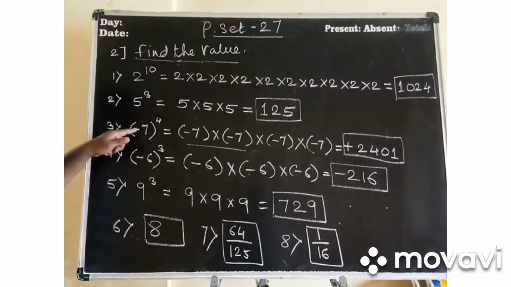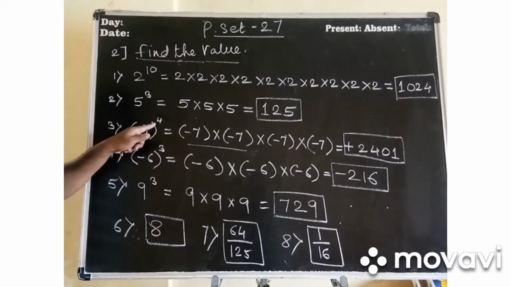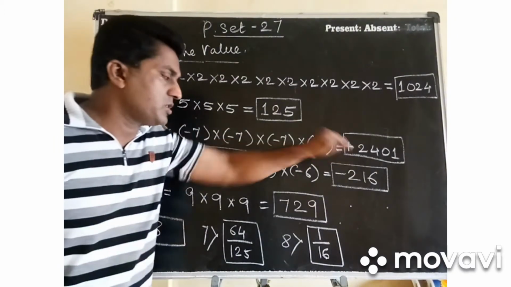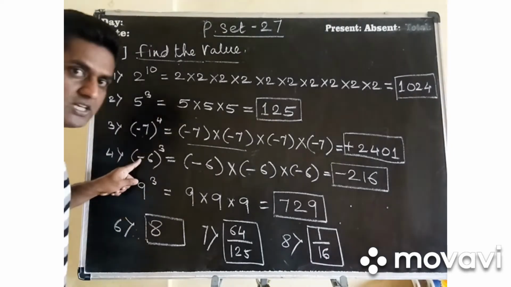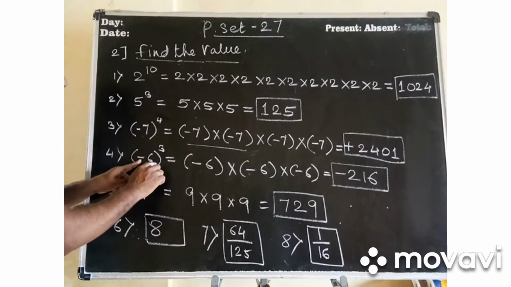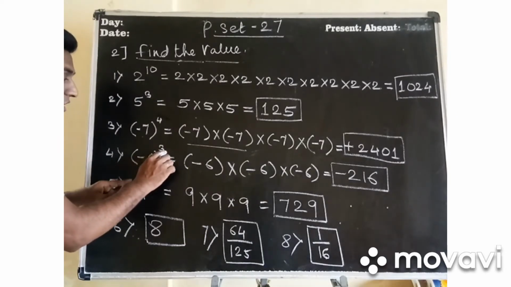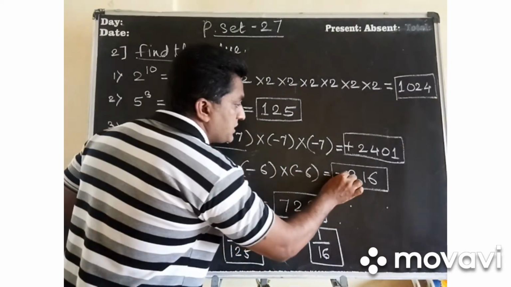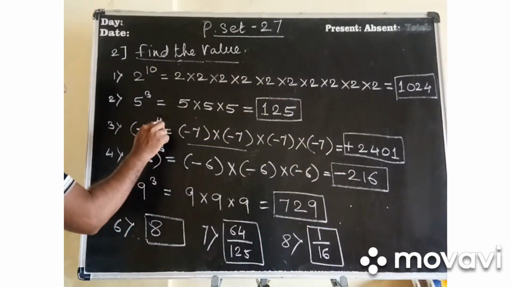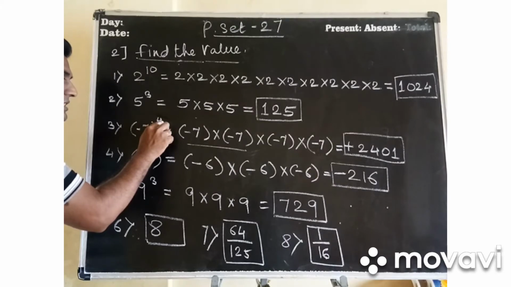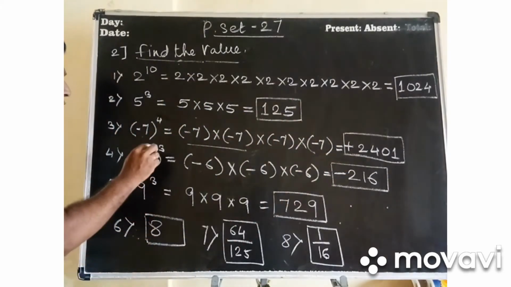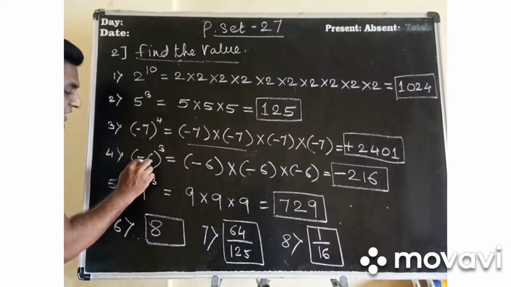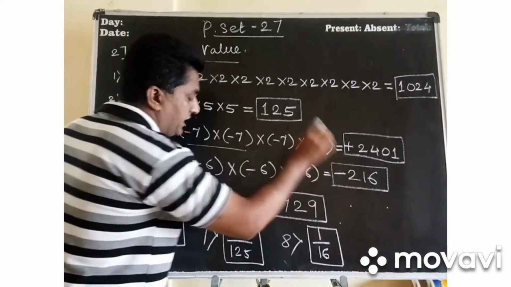And if the base is negative and the index is an odd number, like 3, which is an odd number, then to your answer you have to give minus. Means if an even number comes in the index, the negative base answer will be positive, and if an odd number comes in the index, then the negative base will give you a negative answer.